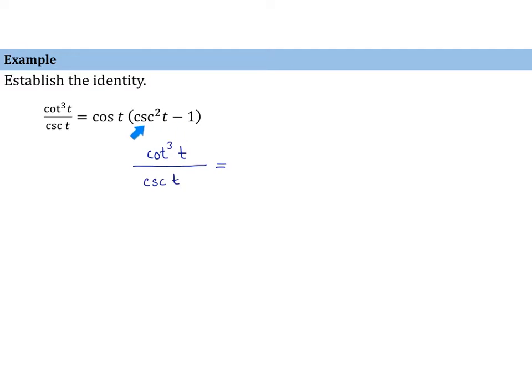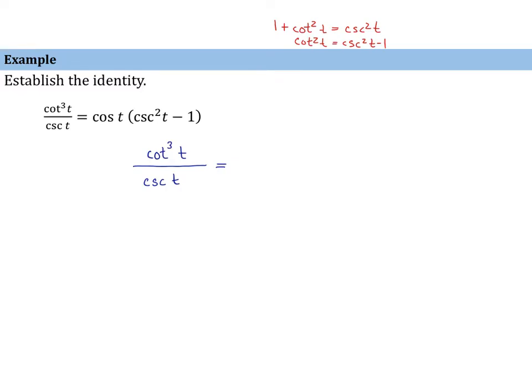That feels an awful lot like a Pythagorean identity that we know. 1 plus cotangent squared of, in this case, t equals cosecant squared of t. So if I were to subtract 1 from both sides, we have cosecant squared of t minus 1 is cotangent squared of t.